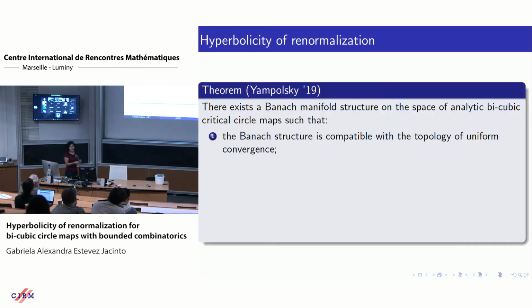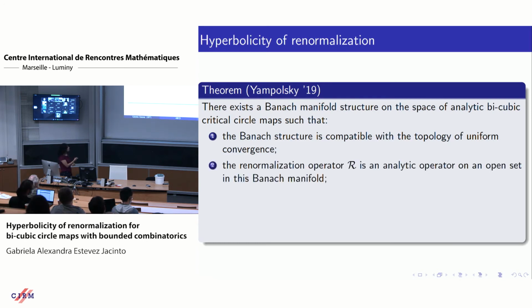Okay, so once you have the convergence of the renormalization, there is another part of the history, which is the hyperbolicity of renormalization, that I also mentioned in the case of one critical point. This is a result of Yampolsky two years ago. He proved that there exists a Banach manifold structure on the space of analytic bicubic circle maps, such that the structure is compatible with the topology of uniform convergence.